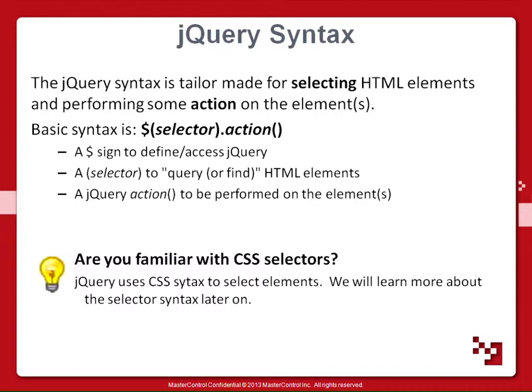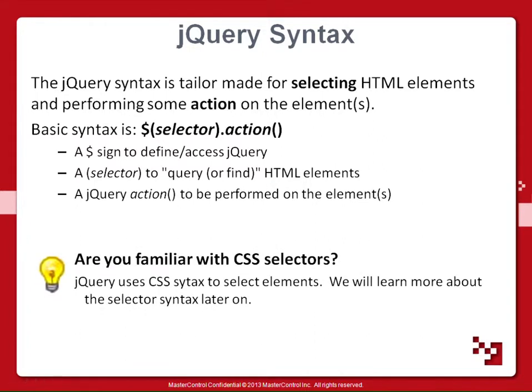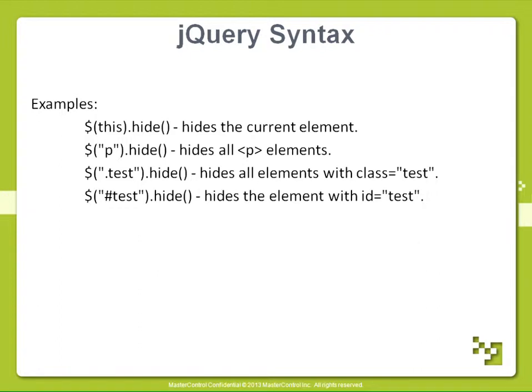Now, if you're familiar with CSS at all, using jQuery will come pretty easy to you because it's the same kind of situation with selectors. In fact, they kind of took the concept from CSS to make it easy. Here are some examples.